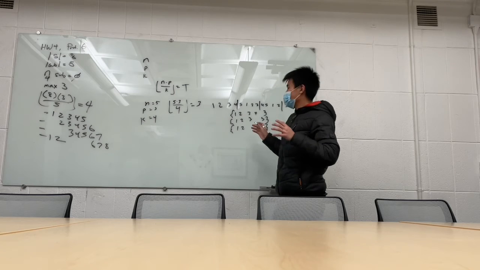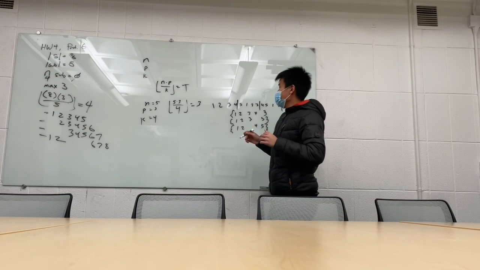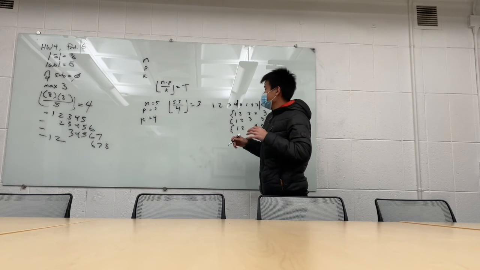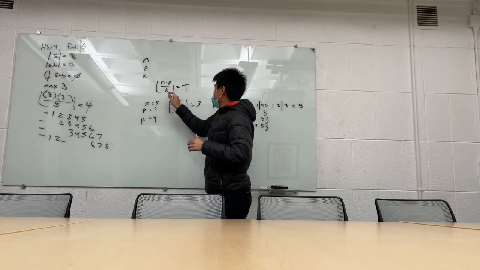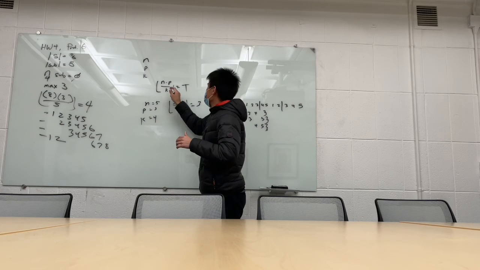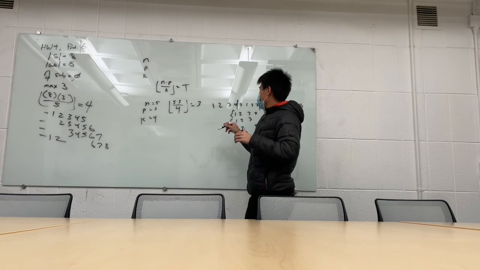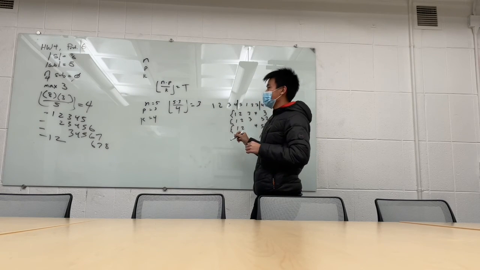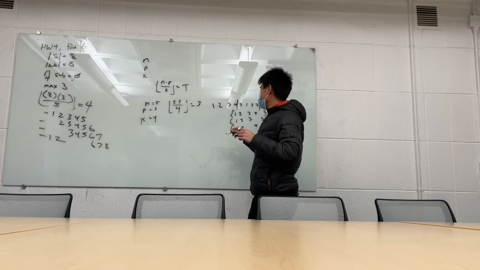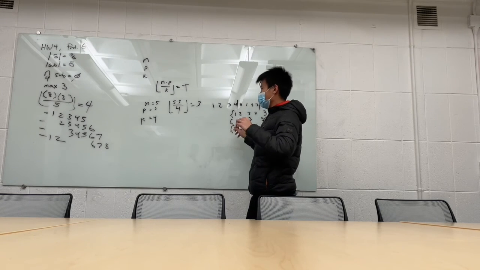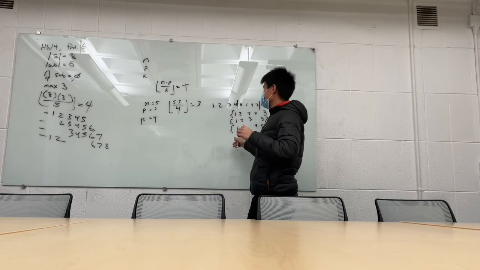And as you can see, no element appears more than 3 times. The reason this works is because k is less than or equal to n. That means that n p over k is going to be greater than or equal to p. In the multiset, we only have p copies of each element, so no element can appear more than p times in the p or more subsets that are generated.